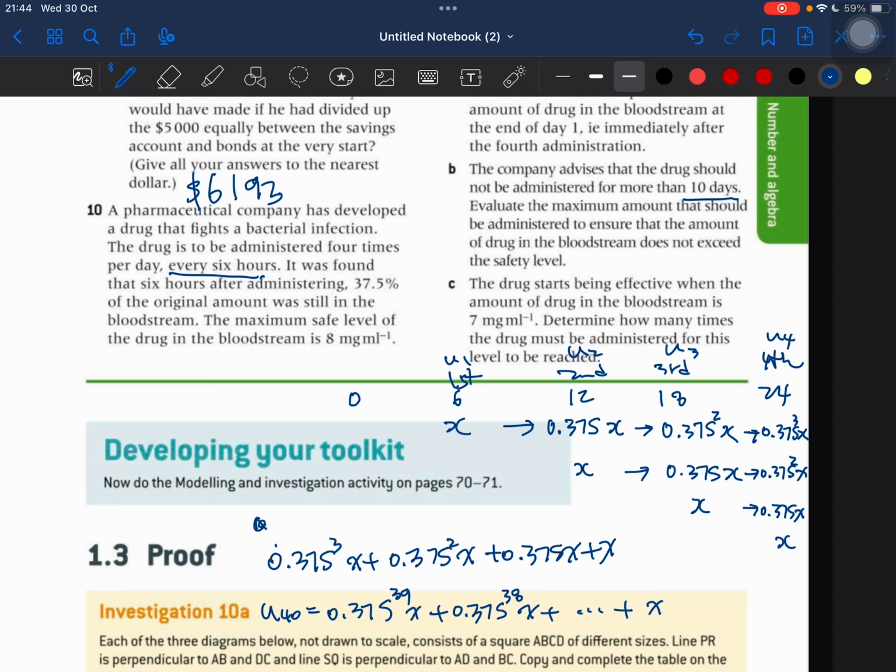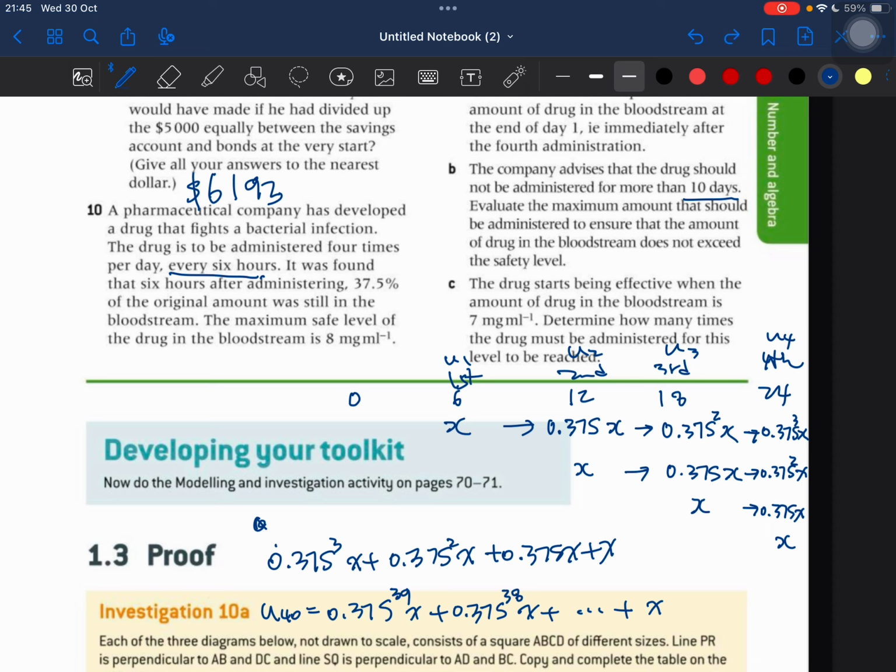This may be the concentration of this drug in the blood. So the maximum amount that should be administered should not exceed 8 milligrams per milliliter.